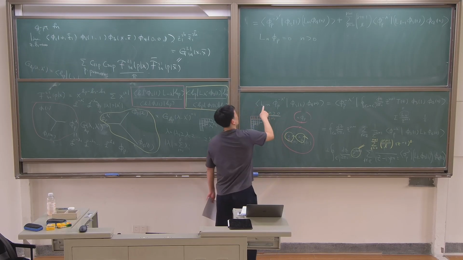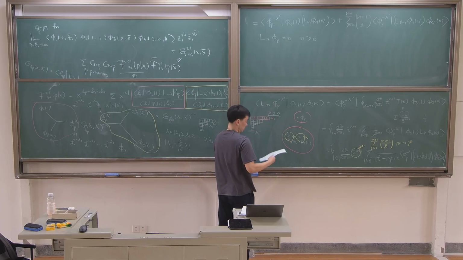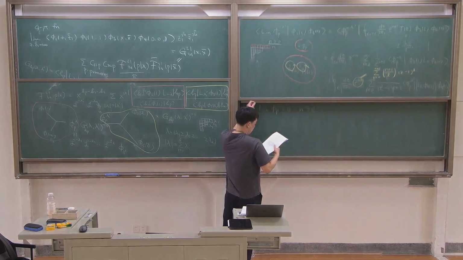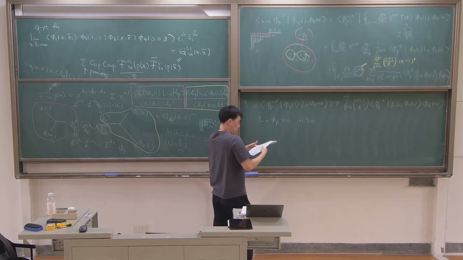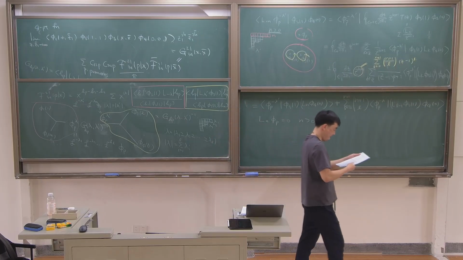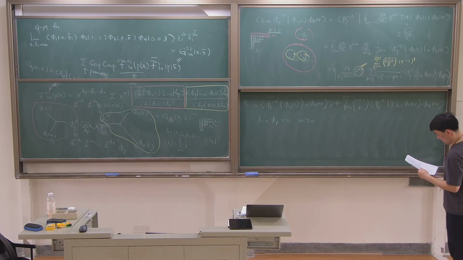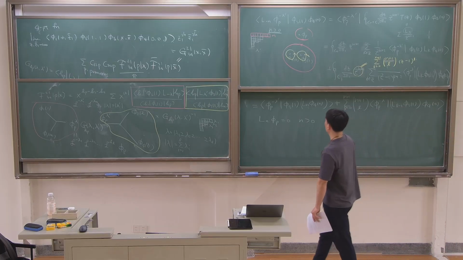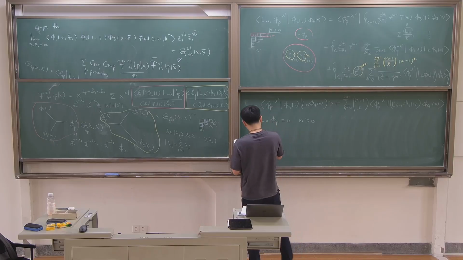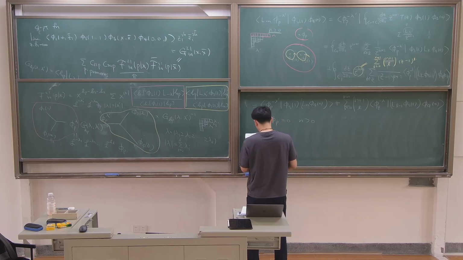Otherwise, this is also vanishing. Therefore, what we solve is as follows. First of all, only n equal to 0 will give a non-trivial term.